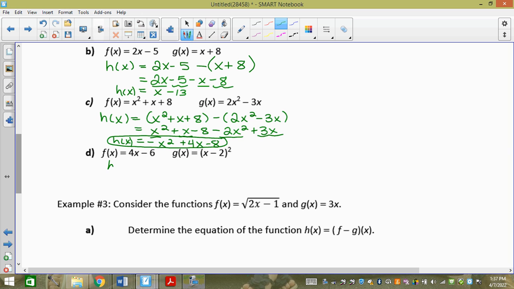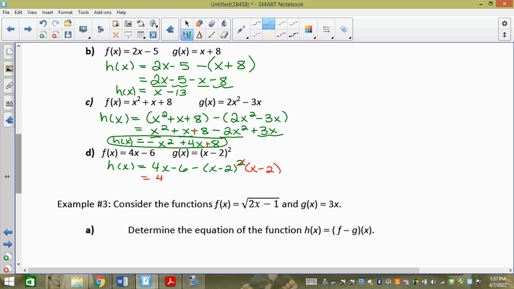And then here your h of x is going to be f of x, which is 4x minus 6, minus x minus 2 squared. What do you do when you have a square? Yep. When you have a squared, you cross it off and you rewrite it twice. So we're going to have to FOIL it.